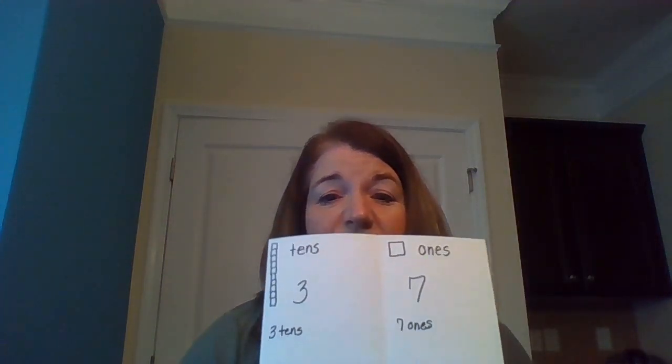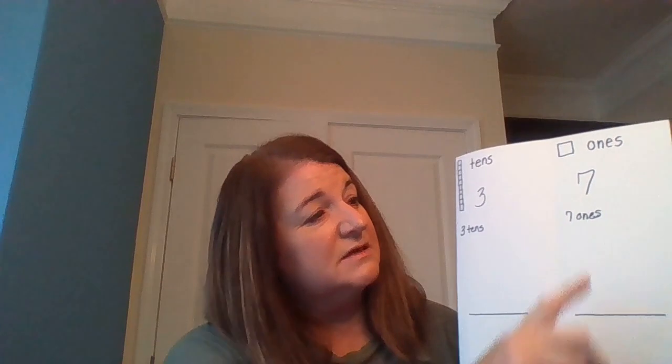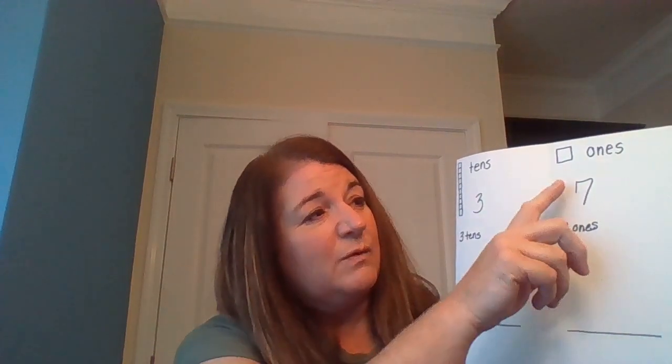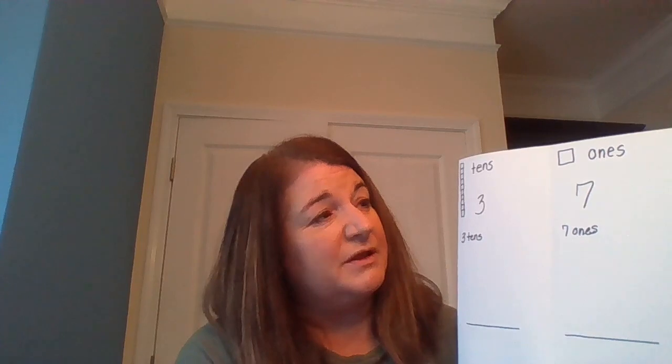So just to review what we did yesterday, if you remember, we talked about two-digit numbers. And we talked about how two-digit numbers have places. Ones place, tens place. We also talked about how we can think of the value of each place based on the number that it is in the place. So for ones place, everything is a single unit, so 7 ones.